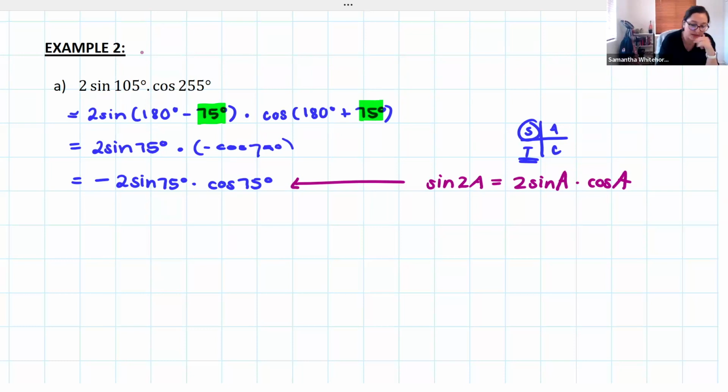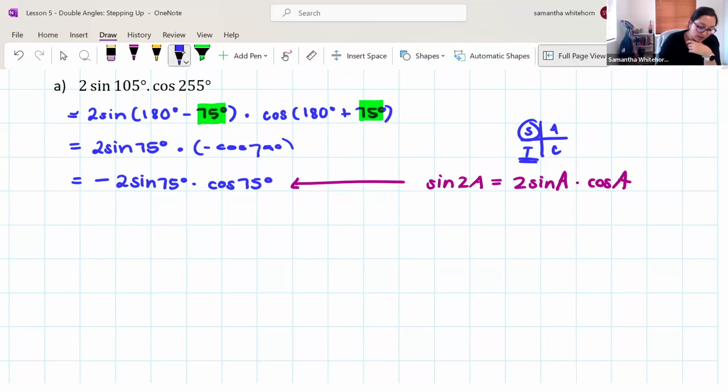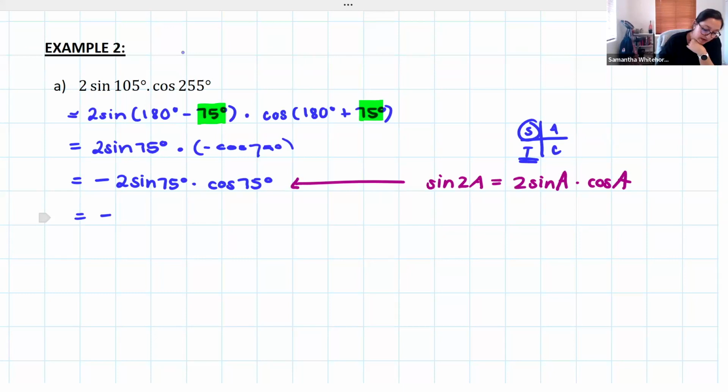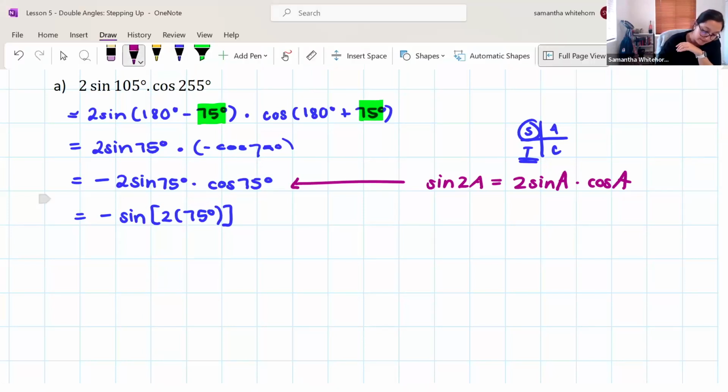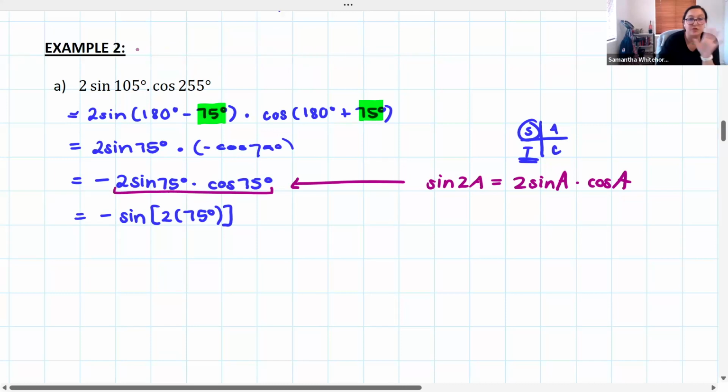We're not stressed about that. So what this means is that this actually becomes negative sine of the double angle of 75 degrees, because remember, 2 sine 75 cos 75 is my double angle formula. Let's actually do this. Like I said, that negative is just a coefficient. So we leave it there as a -1. We're just going to times our answer by -1.